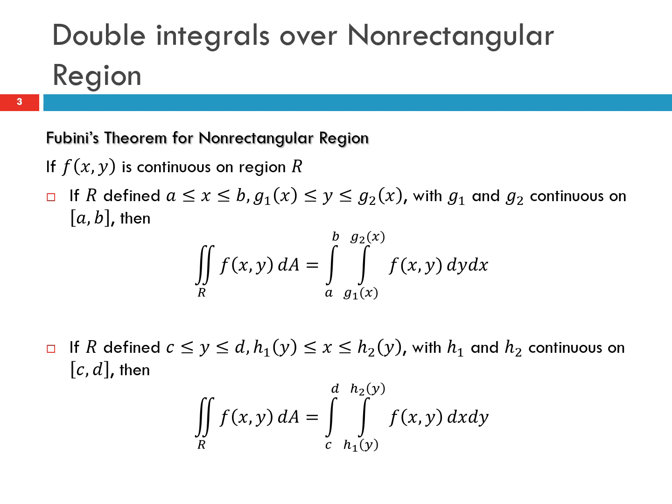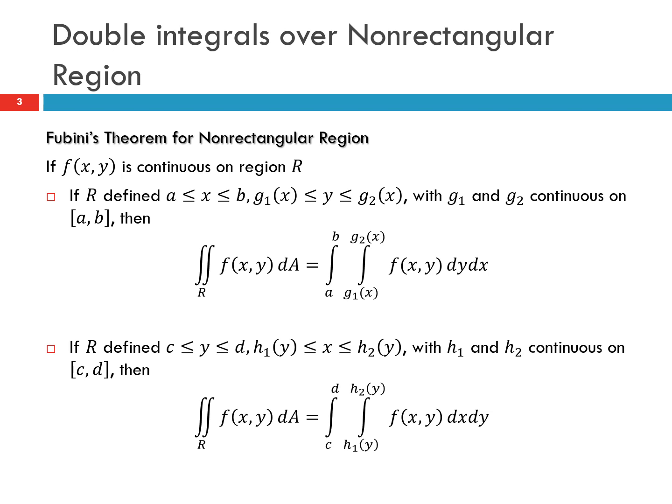If we have x from a to b and y from g1 to g2, we can have the double integral of f(x,y) dA, where dA is dy dx, and the limits of y are from g1 to g2, and for x from a to b.